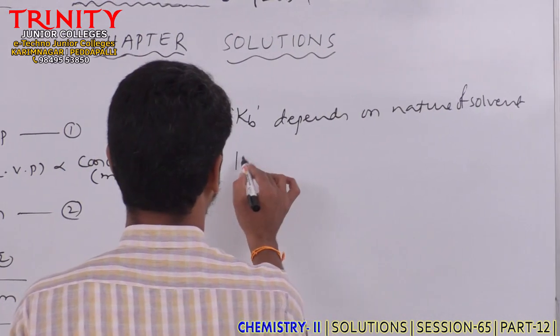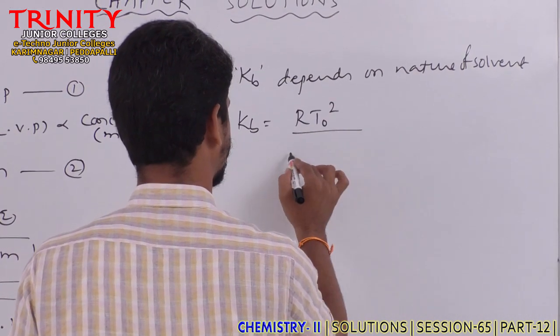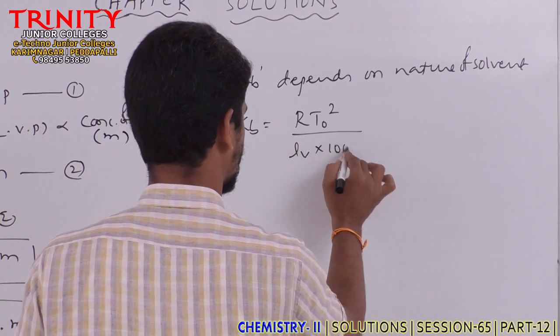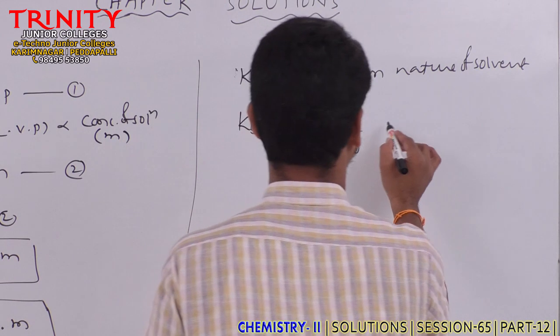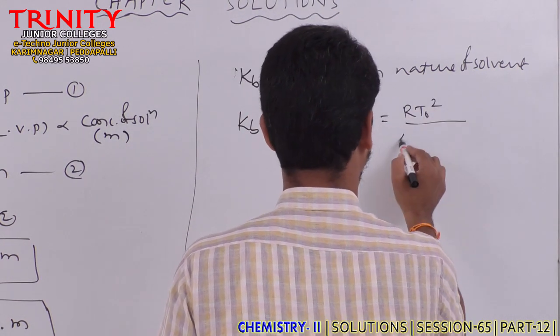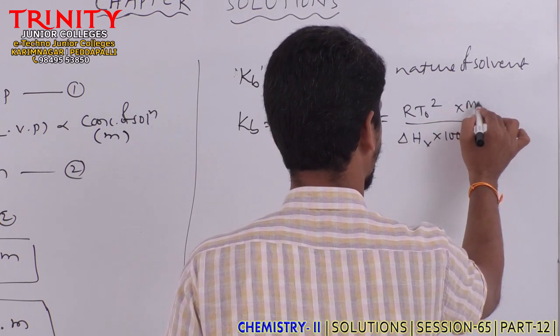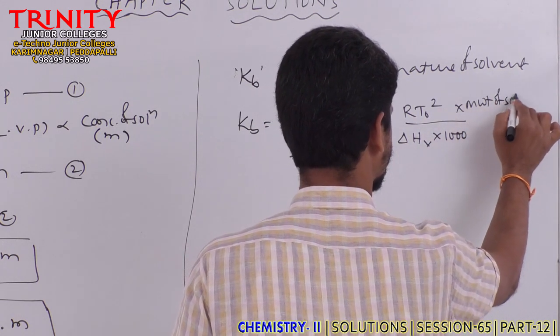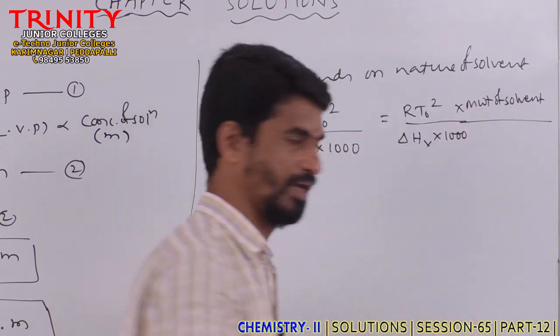Actually, Kb equals RT naught square by LV into 1000, or RT naught square by delta HV into 1000 into molecular weight of solvent, that is Ma.